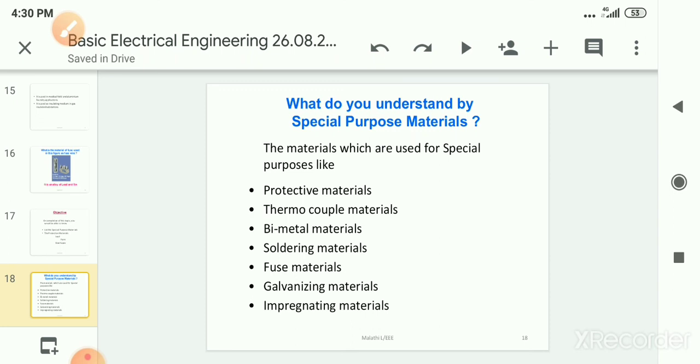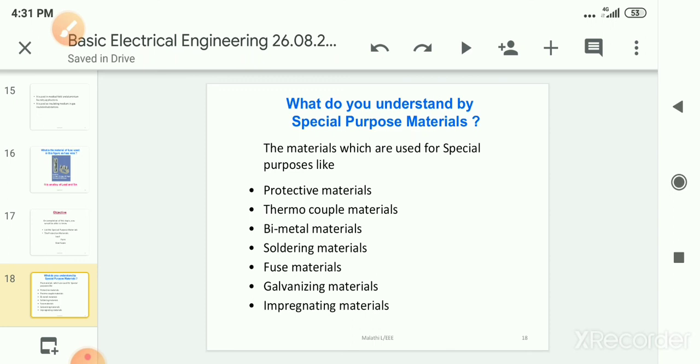So what are the different categories? Let's see. Structural materials, protective materials, thermocouple materials, bimetallic materials meaning thermostats, soldering materials and fuse materials, galvanizing materials, impregnating materials, like that so many types of special materials come into the picture. We already covered different types in some applications in some of our chapters.